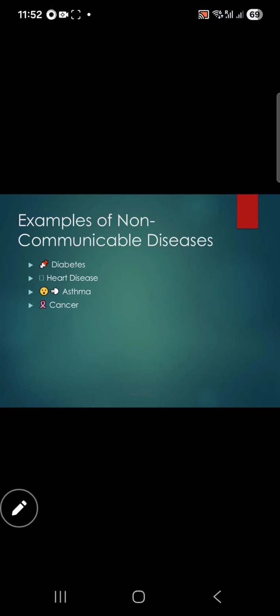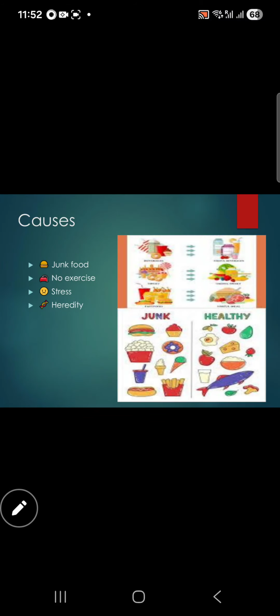Examples of non-communicable diseases: diabetes, heart disease, asthma, cancer. How does genetics cause it? Inherited from parents. Example: type 1 diabetes.